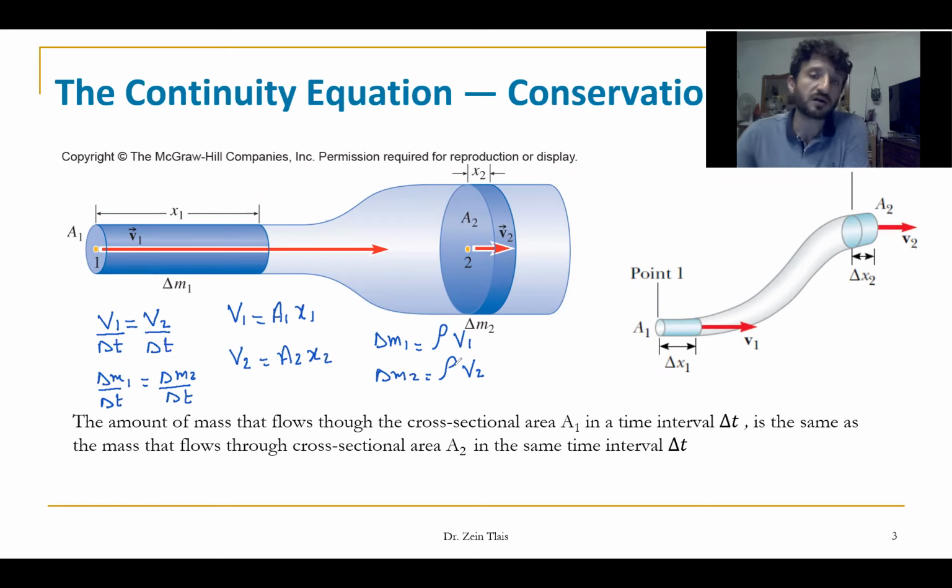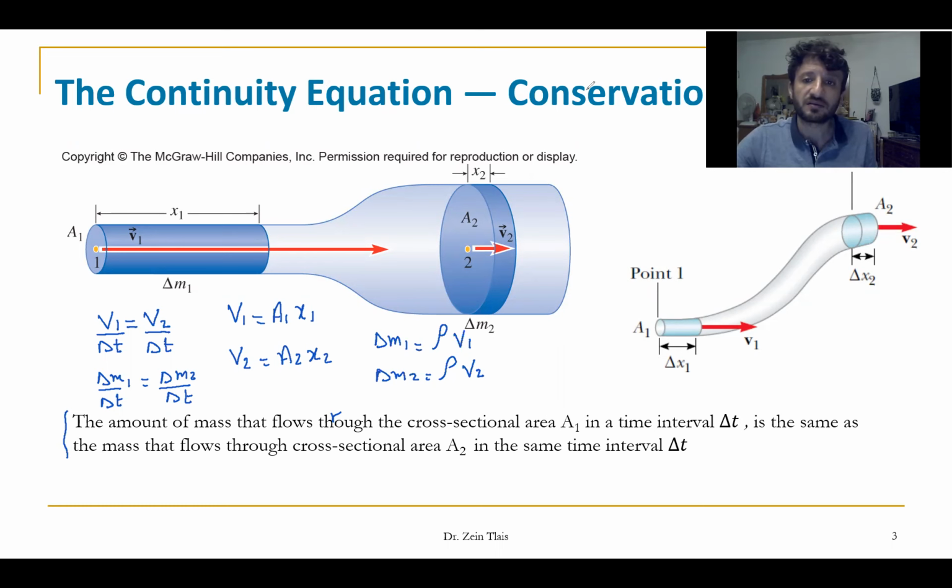V1 and V2 are the volumes. Okay, here I resume that the amount of mass that flows through the cross-sectional area A1 during a time delta t is the same as the mass passing through A2 during the same time interval delta t. Okay, the same quantity of mass, the same quantity of volume will pass during the same time interval.